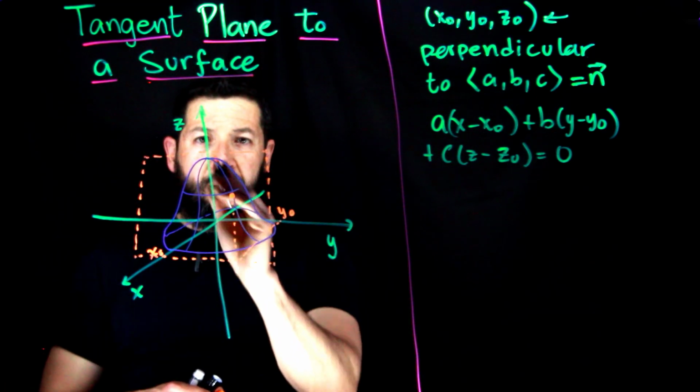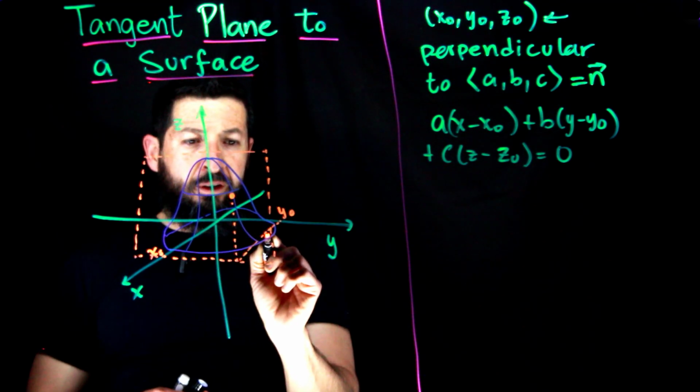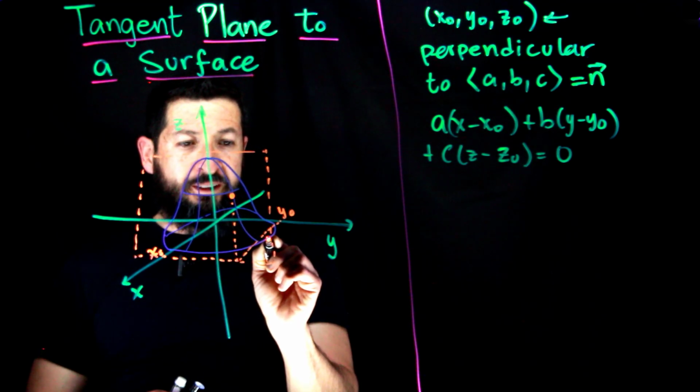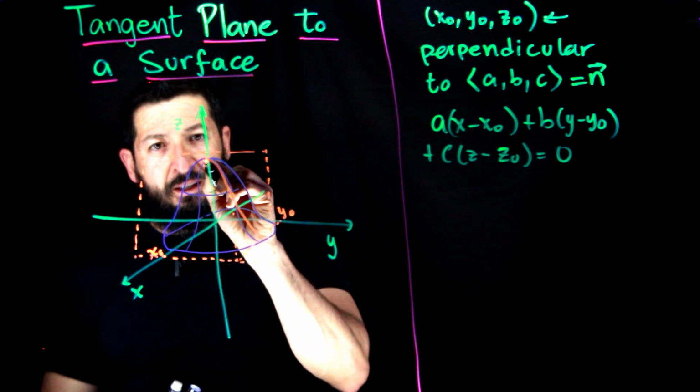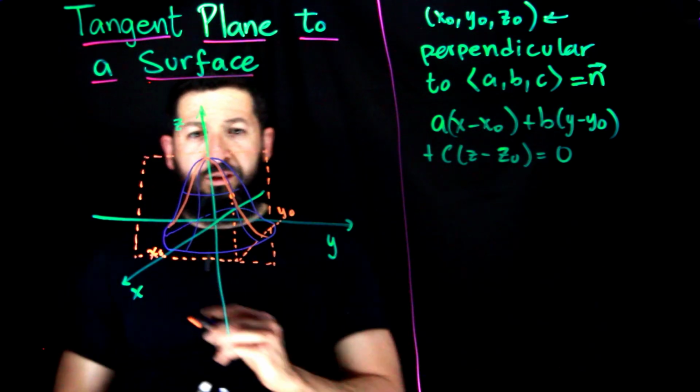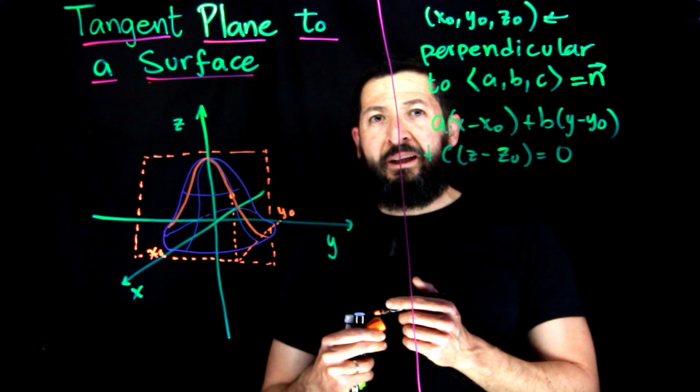When you cut it, you're going to have some curve where the plane intersects the surface. So you'll have that curve right there.